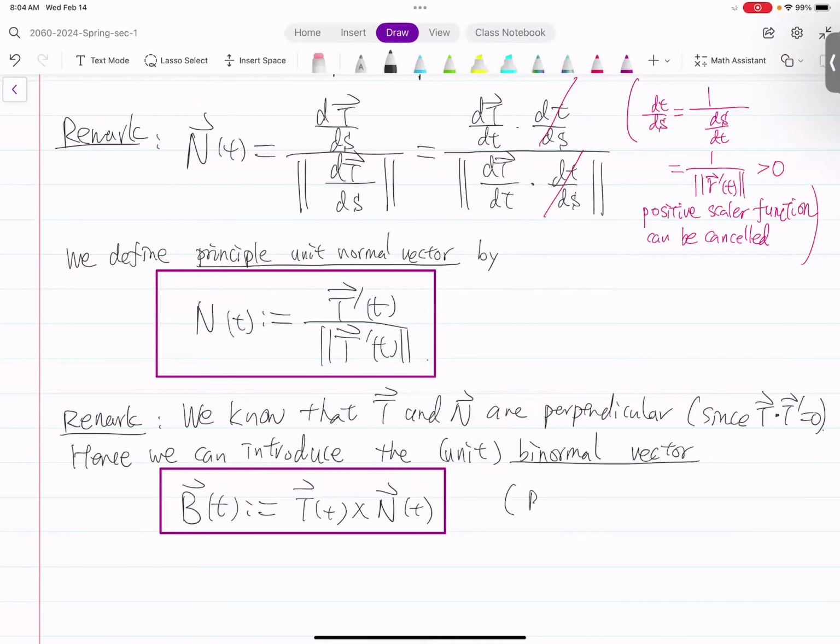Because if you think about it, the magnitude of B is what? It's the magnitude of T times the magnitude of N times the sine of the angle between T and N, right? From T to N. But then you know that they're perpendicular, so this angle is actually pi over 2. Okay. So you know that T is a unit vector, N is another unit vector, and sine of pi over 2 is 1, so it's exactly 1.